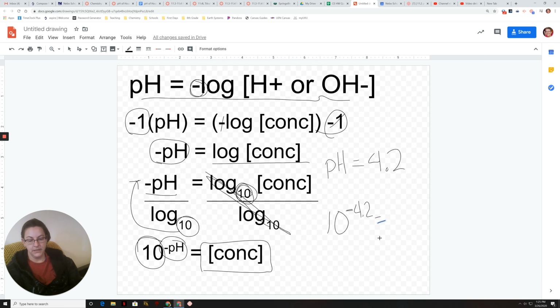And that is, let's see, so 10 raised to the power of a negative 4.2, which my calculator's not wanting to do.